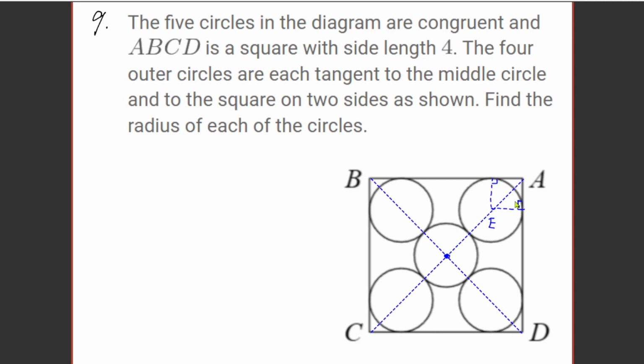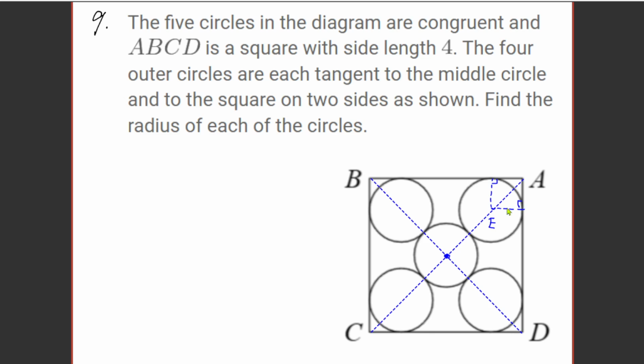Because the circle is tangent to the 2 sides of that square. So if you draw the 2 altitudes, that's also the radius, so these 2 distances are equal. So E is equidistant from AB and AD. It must be on the angle bisector of angle BAD, right?